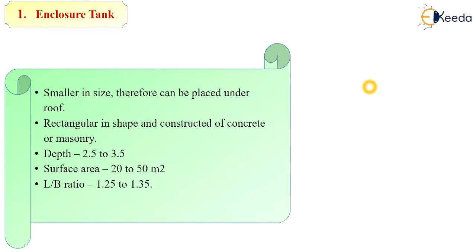The length to width ratio is taken as 1.25 to 1.35 and the design filtration rate is high, that is, 3000 to 6000 liters per square meter per hour. These are the design parameters required to design the rapid sand filter. The design problems based on slow sand and rapid sand filters we will see in the next lecture.